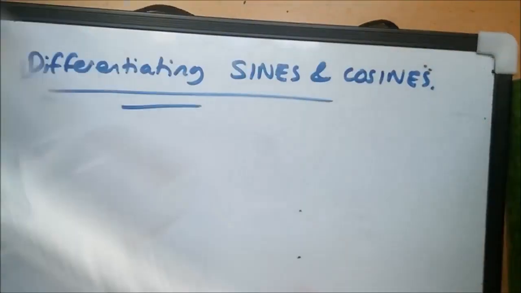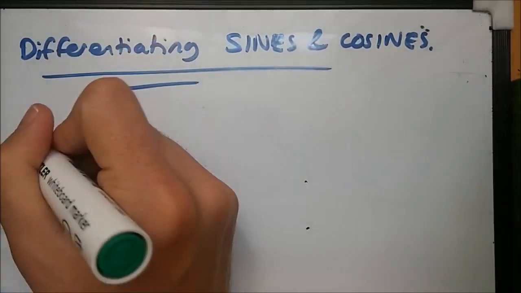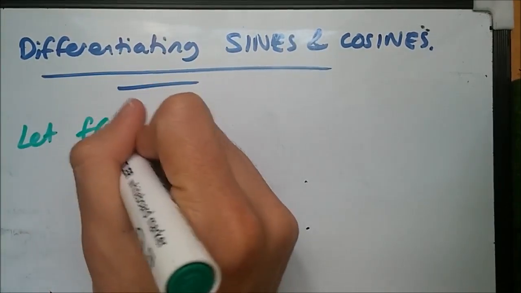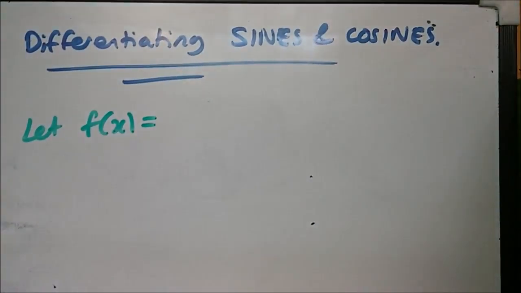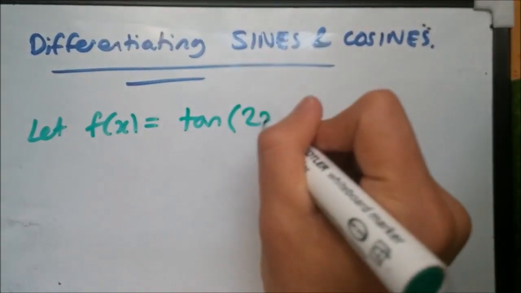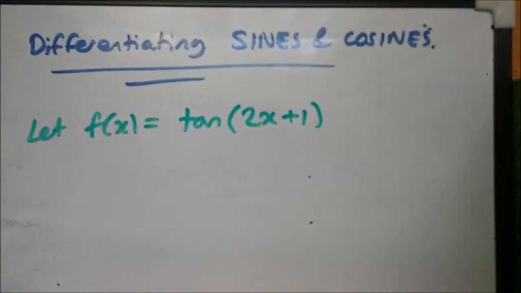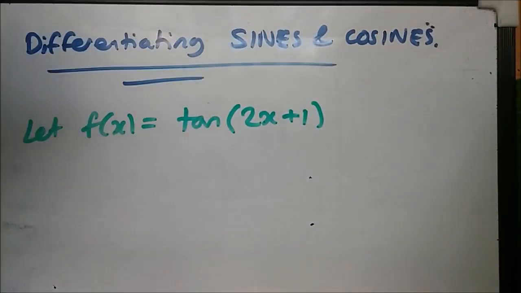So let's try this out. Suppose we let f of x equal tan of 2x plus 1. Now how do we differentiate this?